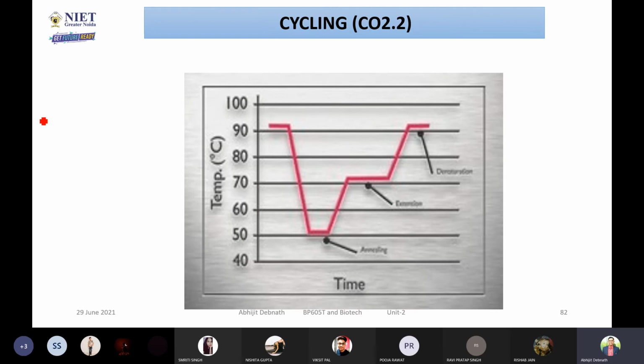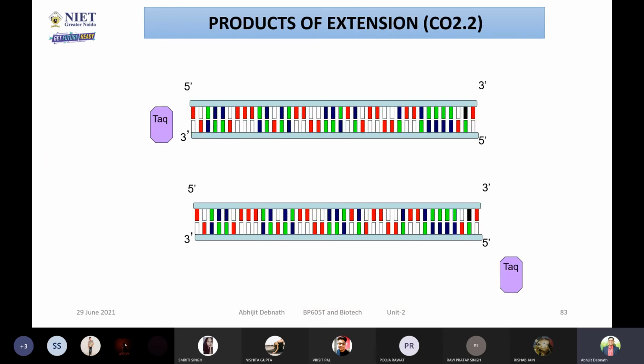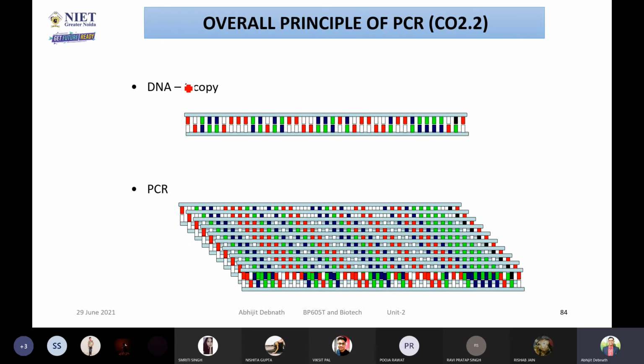For SARS-CoV-2 in RT-PCR, if somebody is positive, the graph will be like this. This is the time, and this is the temperature and other things. If somebody is negative for SARS-CoV-2, the graph will be like this. It is based on that, because with passing of time the number of nucleotides increases. That's why the graph is like this. We saw that in our previous lecture.